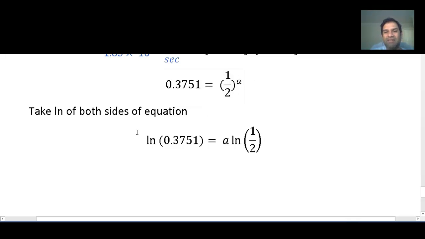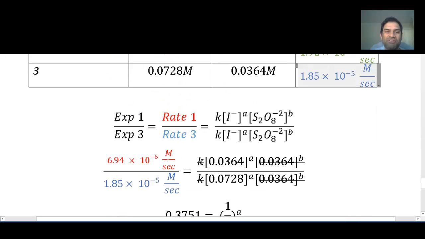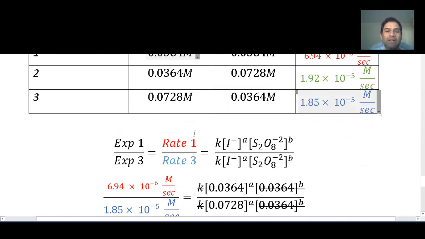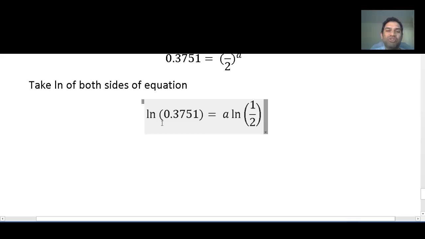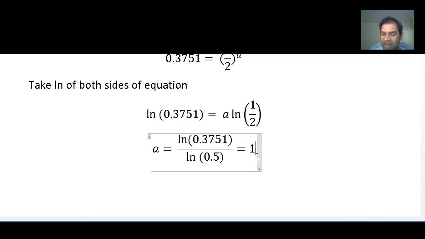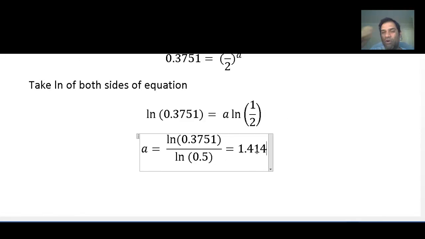It takes it out of the exponent. So to solve for a, the order of the reaction with respect to reactant I minus, we're going to take the natural log of 0.3751 divided by the natural log of 0.5. Let's see what we get on our calculator. Doing that on my calculator, I'm getting an answer of about 1.414.